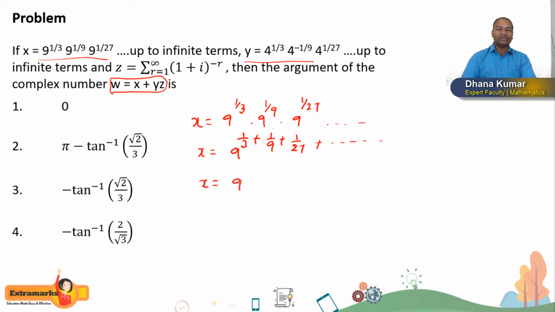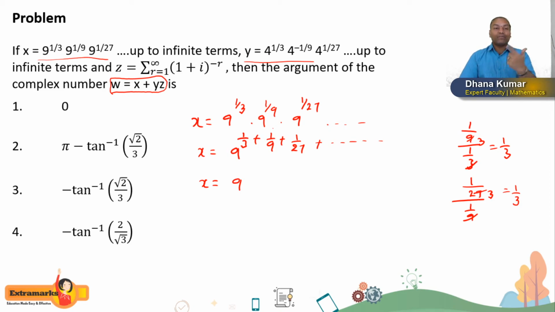Now simplification, x is equal to 9 power. You observe that power value here. Second term by first term, that is 1 by 9 by 1 by 3. 3 3s are, so the answer is 1 by 3. Third term by second term, 1 by 27 by 1 by 9, 9 3s are. Means the ratios are the same. If the ratios are the same, then the given series is in GP.